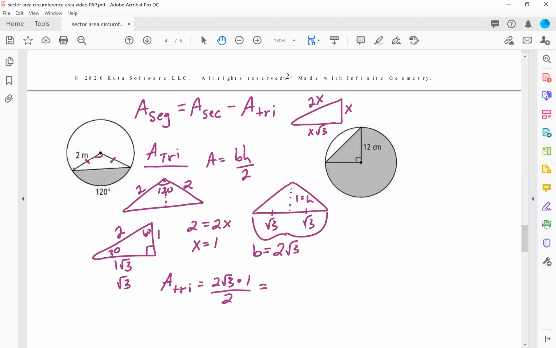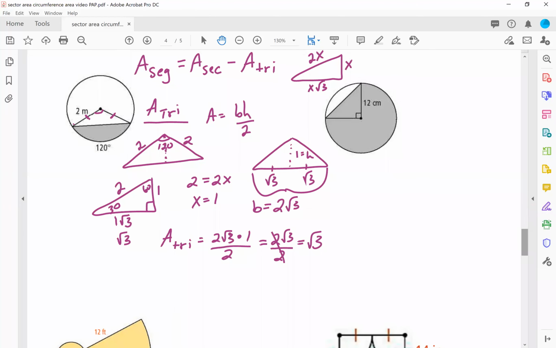So I'm going to look here. The top is just going to be 2 square root 3. The bottom is going to be 2. Since the 2's are on the outside, they can cancel out, so the area of my triangle is just square root 3. Okay, so the area of the triangle is square root 3.